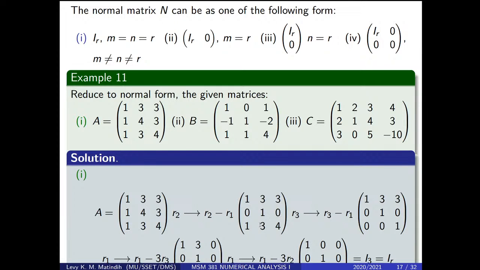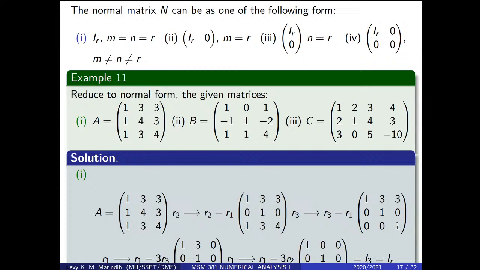Next, we are going to transform row 3 to being row 3 minus row 1. The first entry is 1, so it will be 1 minus 1, it will give us 0, 3 minus 3 to give us 0, 4 minus 3 to give us 1.